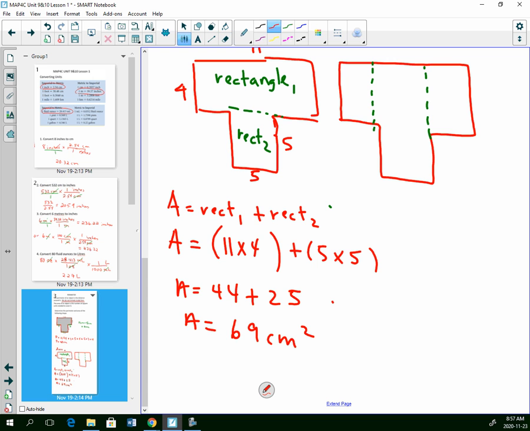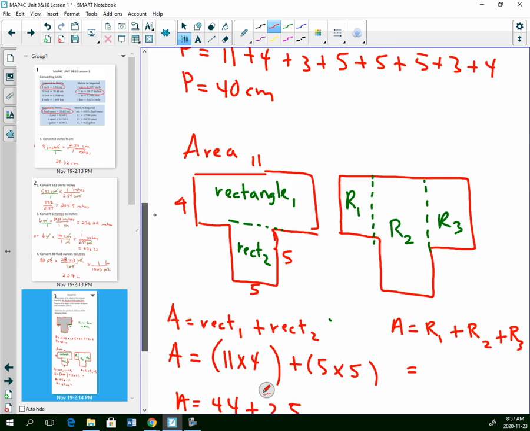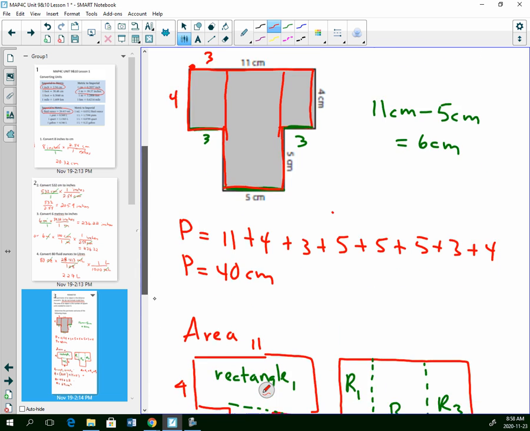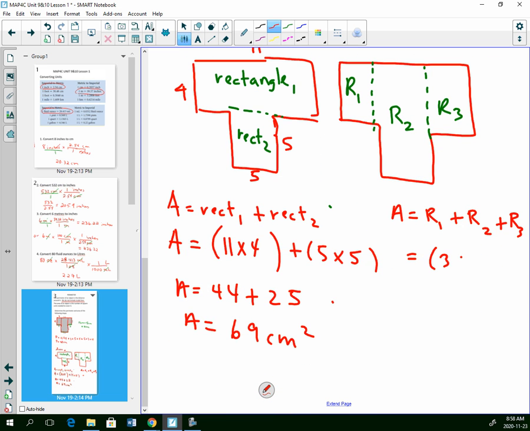So if I were doing, oops, I would call this rectangle 1, rectangle 2, rectangle 3, if I were doing it this way. So rectangle 1 would be, so if I divided it like this, then this is 3 by 4, right, that rectangle? So I've got one that's 3 by 4.